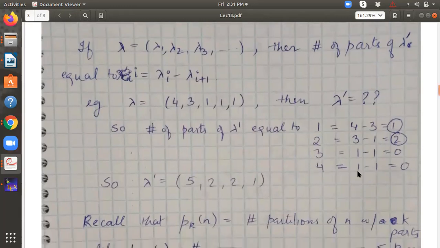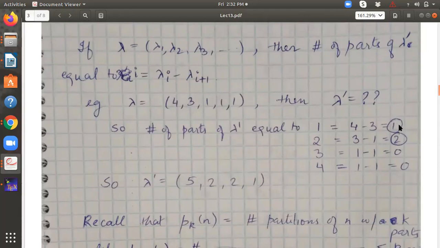All other parts would have come from here, right? So whatever is left at the end is the largest part here. And that you can retrieve from the information of what is the number whose partition this particular lambda is, minus what are all other parts which you have achieved here.